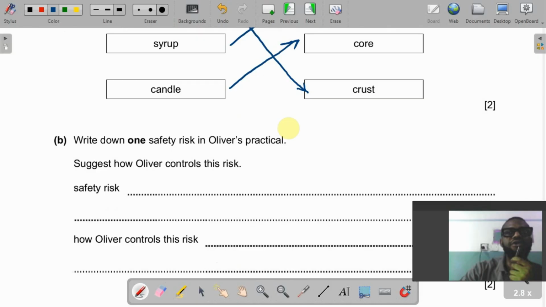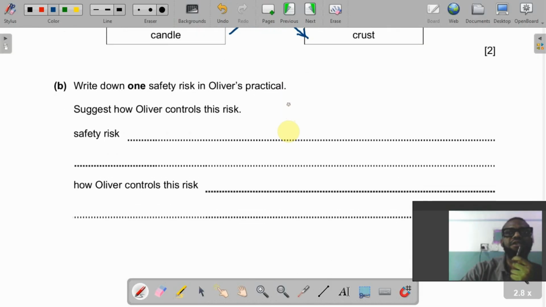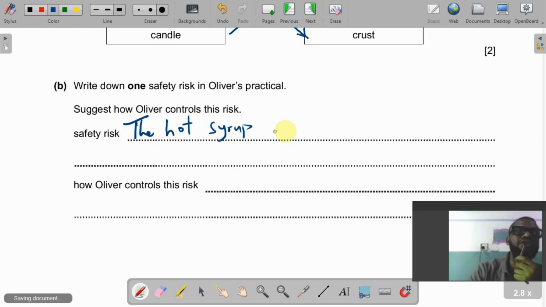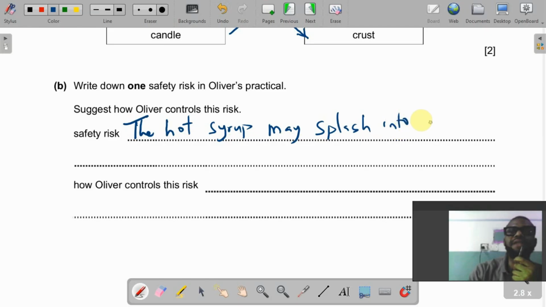Suggest one safety risk in Oliver's practical. The hot syrup may splash into his eyes.